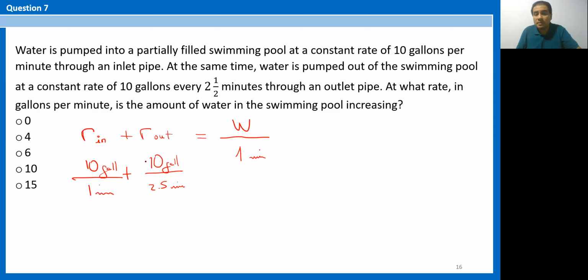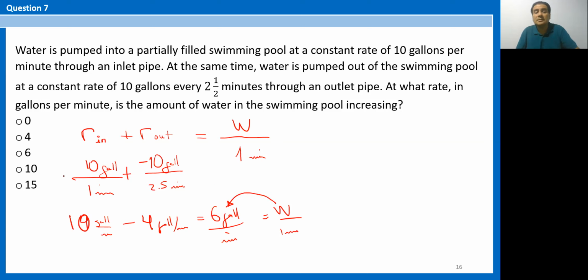So it would be very sensible to put a negative sign to that rate. So here would be 10 gallons per minute minus 4 gallons per minute. And that would be 6 gallons per minute. This is W over 1 minute. So the answer is 6. That is it. All right.